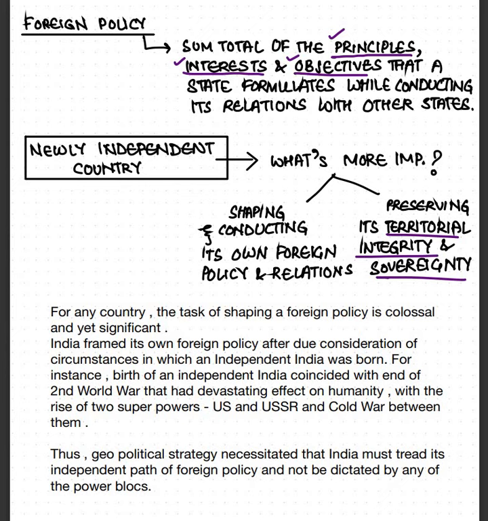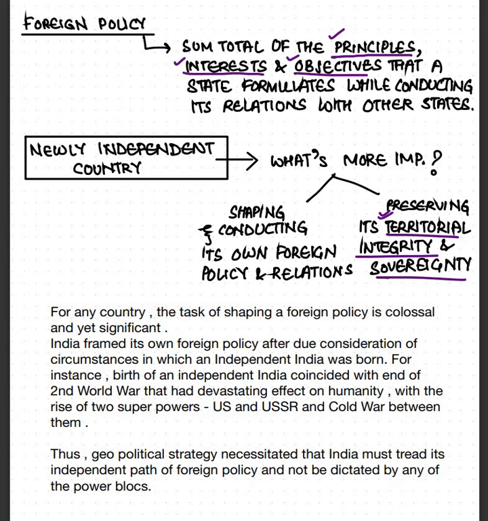Second होता है during establishing your foreign relations, we have to make sure that our territory is also protected, our integrity and sovereignty is also protected. So for any country, the task or the aim of shaping a foreign policy is colossal, but it is significant also.